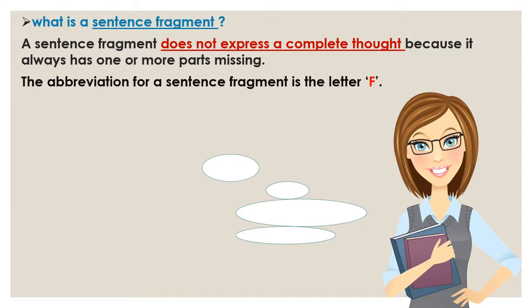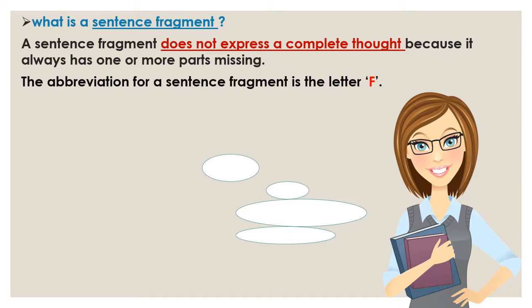Now, after we knew what a simple sentence is and what it has, we're going to go to another type of sentence, which is a sentence fragment, or we can say fragment sentence. Here we have a question and we're going to give the definition of a fragment sentence.